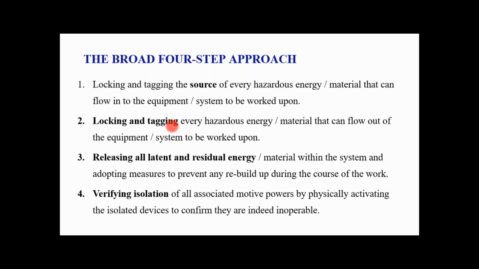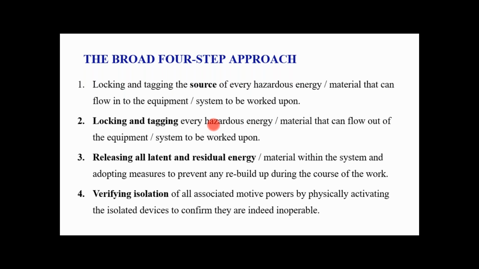Then locking and tagging of all the related energy sources which are not the main source but are connected to that equipment or system where we have to apply these LOTO systems.